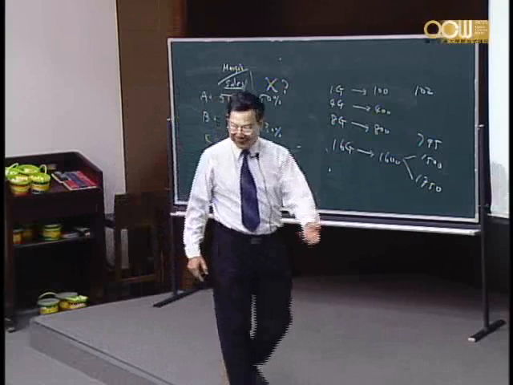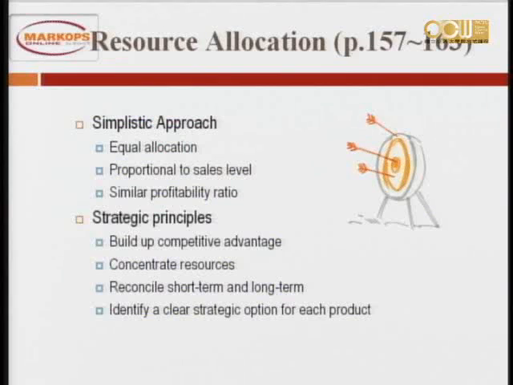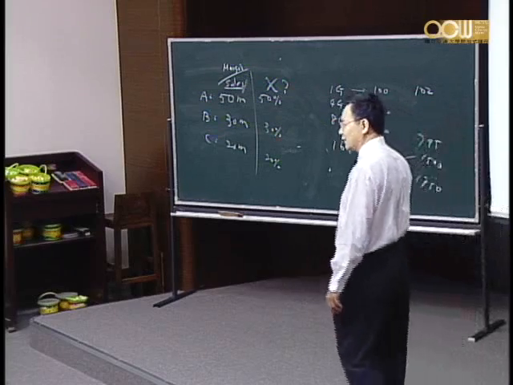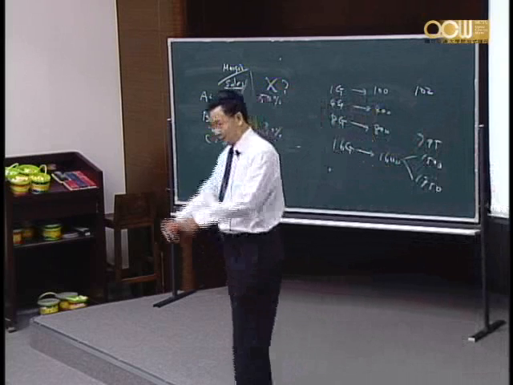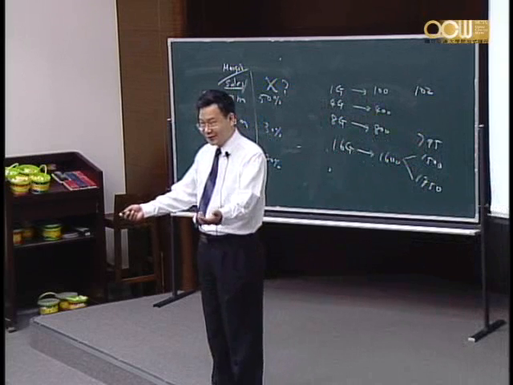Because the star product, or the problem child product, might not be able to get higher profit. So you still did not answer me.